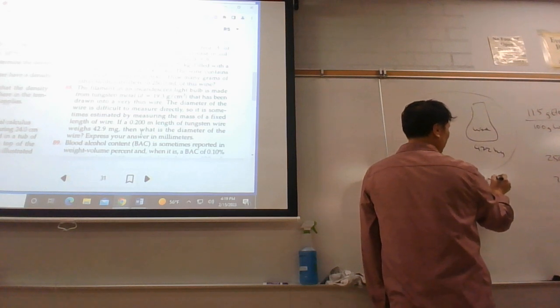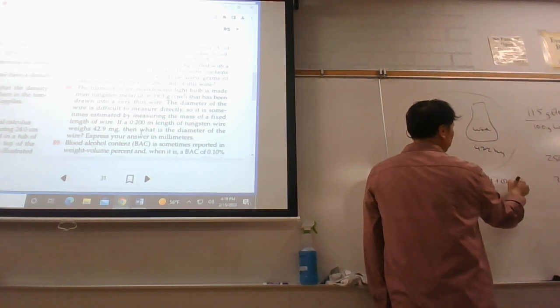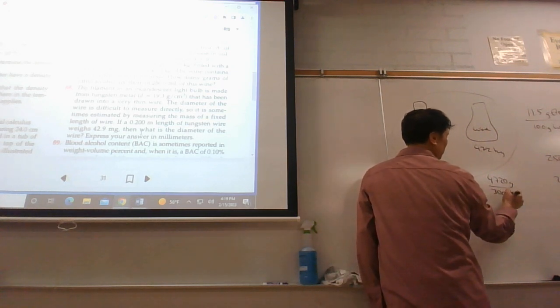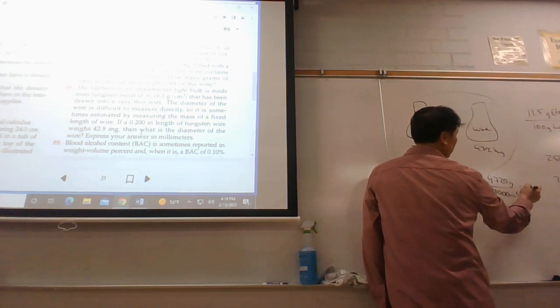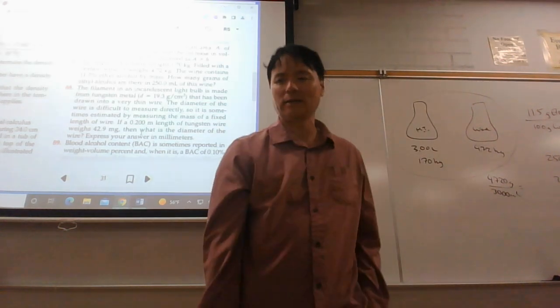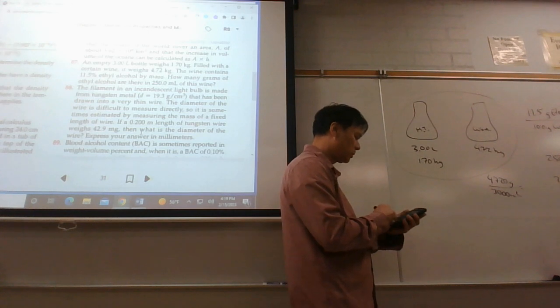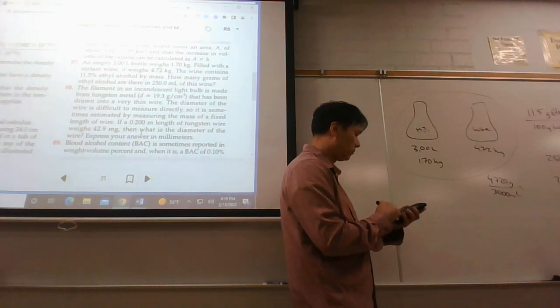4.72 kilograms is 4,720 grams. 3 liters is 3,000 milliliters. So I'm just going to convert it in my head since it's an easy conversion. And so this is going to be 4,720 divided by 3,000.